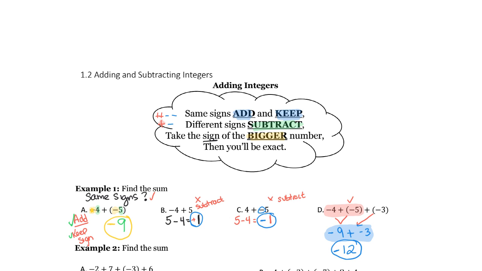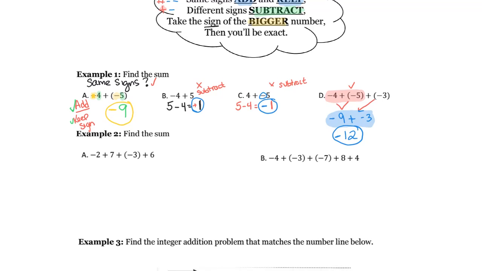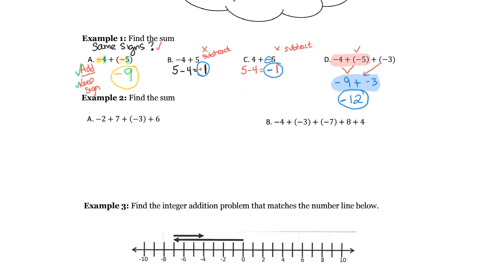All right, let's do some more. Okay, so we want to find the sum. So just like D, we want to do each thing on its own first. So we want to do these first numbers together. Okay, so they're opposite signs.